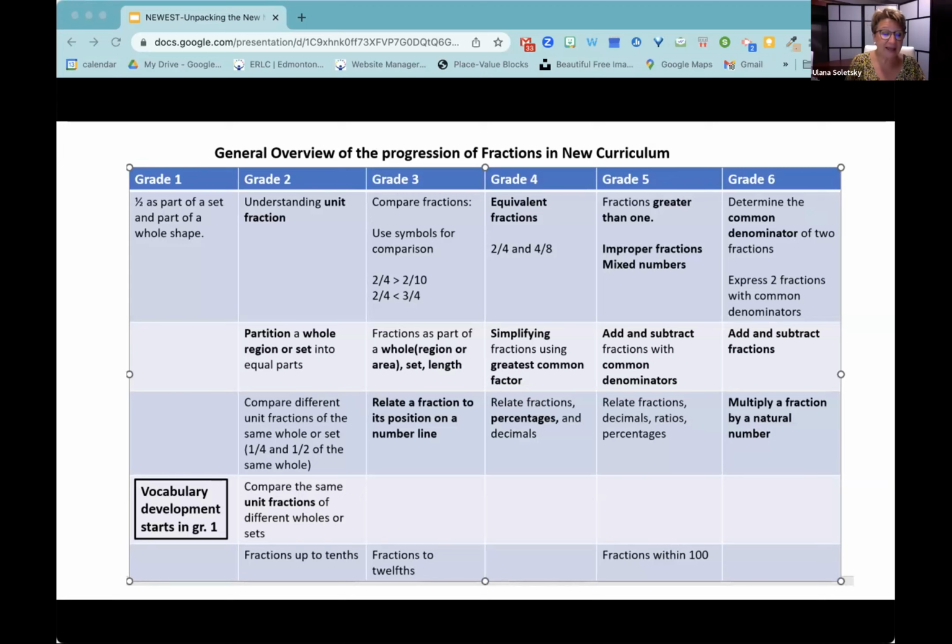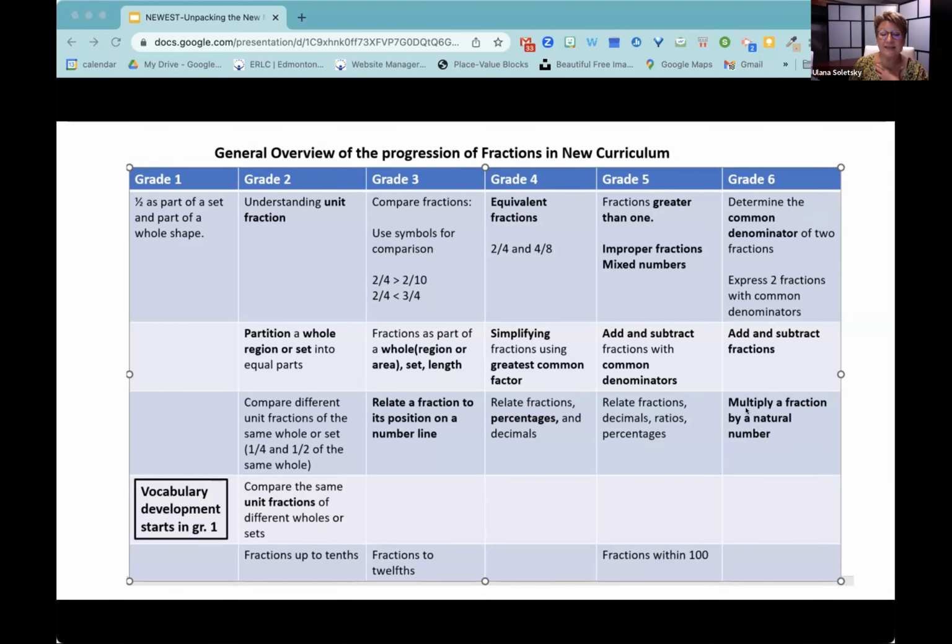And honestly, if we stick to our concept in each grade, then it will be easier once they get to grade 6. Now, just one thing, if you're teaching a grade 5, 6 split, you can see that you're doing adding and subtracting fractions. And you know what? Stick to those common denominators for a very long time before you move the grade 6s into the different denominators.